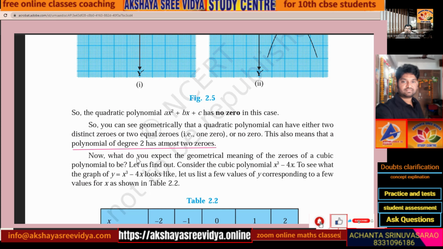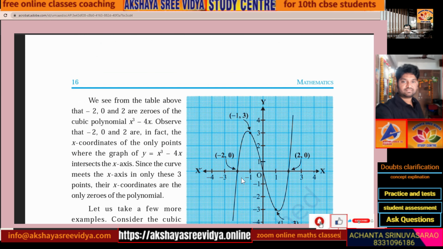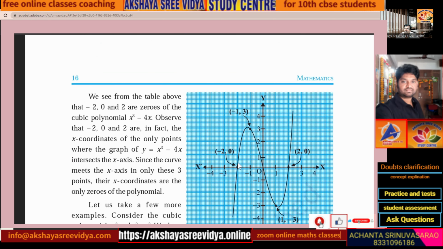Okay. Now, what do you expect the geometrical meaning of the zeros of a cubic polynomial to be? Clearly, it can have 0, 1, 2, or 3 zeros.